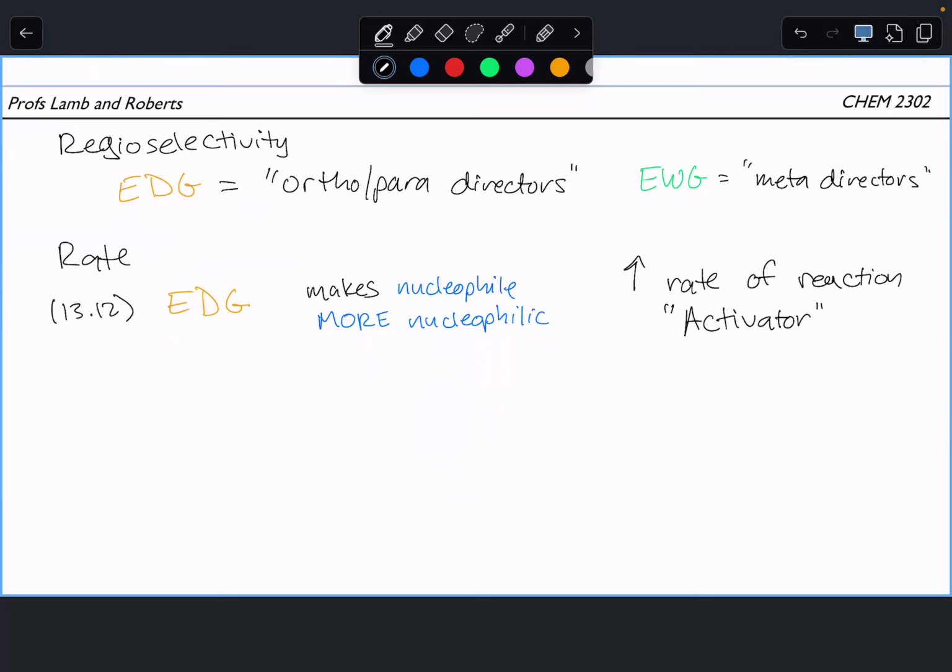In contrast, if you have an electron withdrawing group, that's pulling electron density out of the ring. So that makes our nucleophile less nucleophilic.